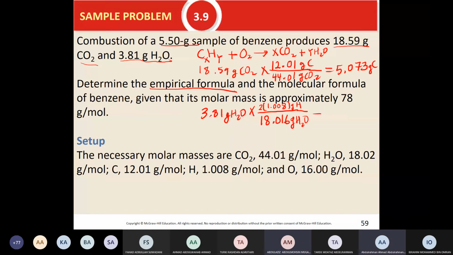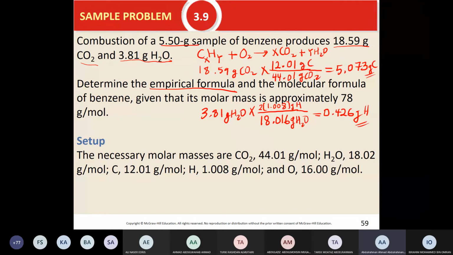Exactly. Give me an answer. 0.426 gram hydrogen. Exactly. Now we know the carbon and we know the hydrogen.